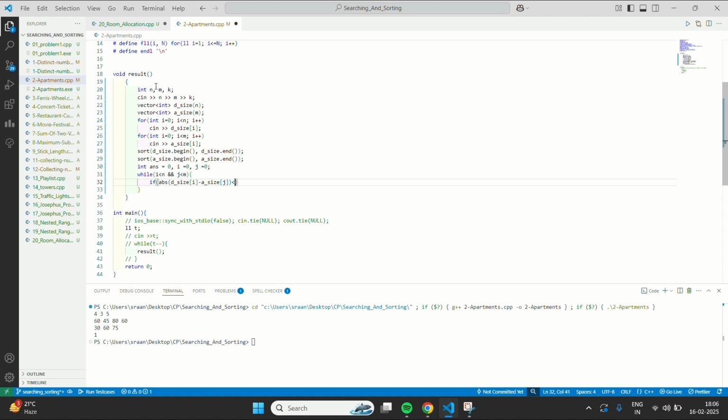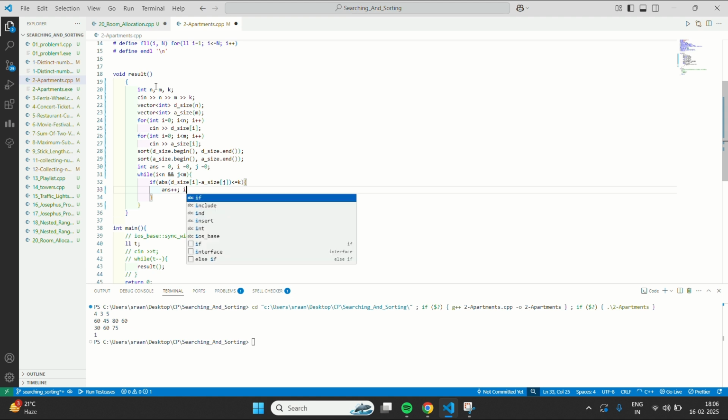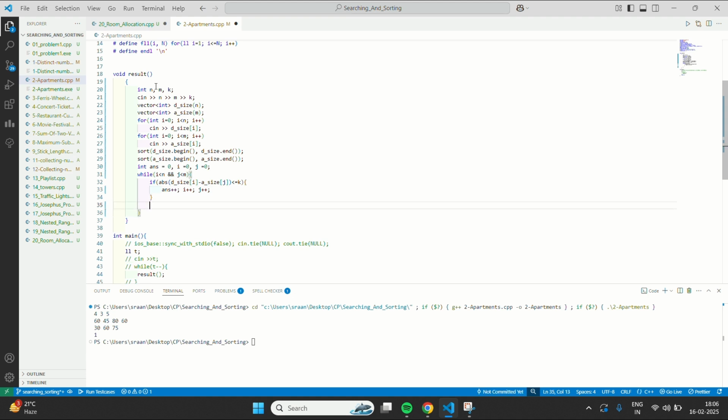If this absolute value is less than or equal to k, then it's possible to allocate this jth apartment to the ith customer. So in that case, answer will be incremented, then i will be incremented, and then j will be incremented.